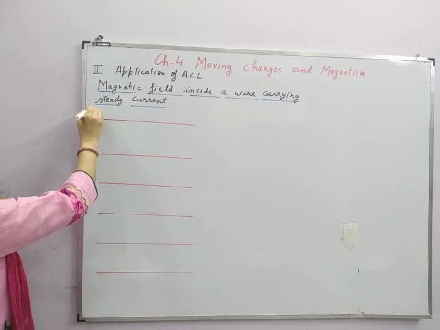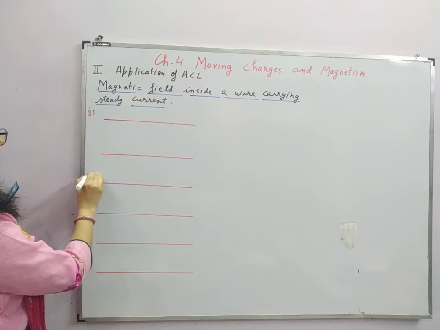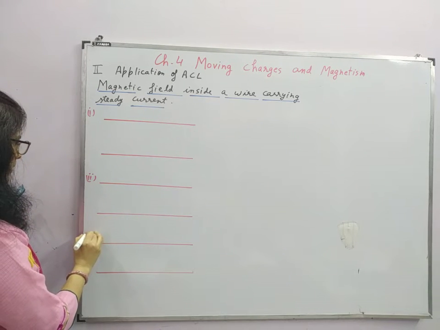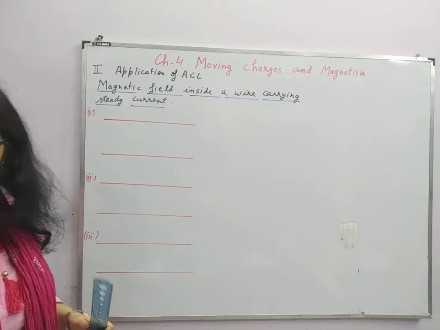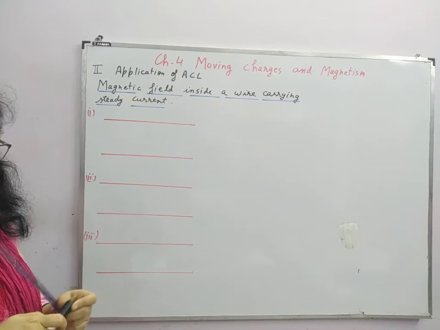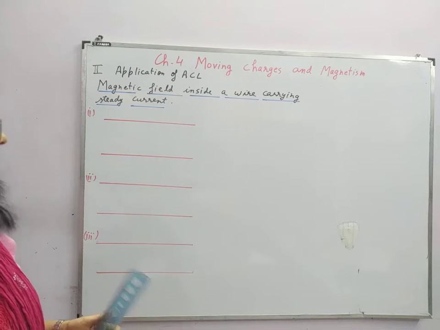So first, second and third, the wire is the same. I hope the radius drawn by me for all the wires is the same.